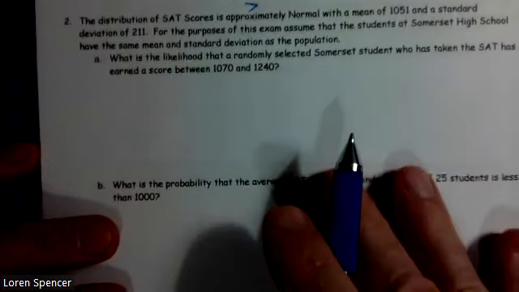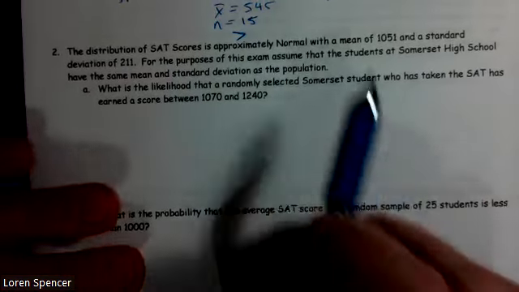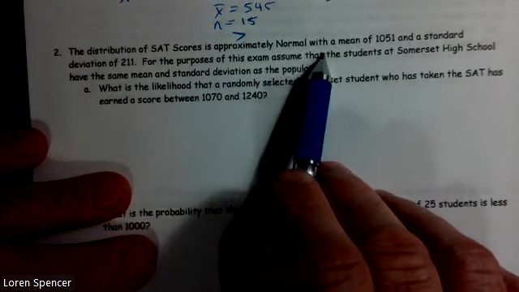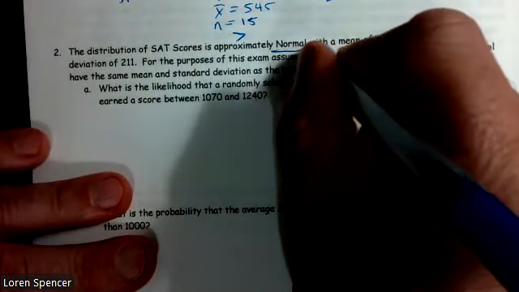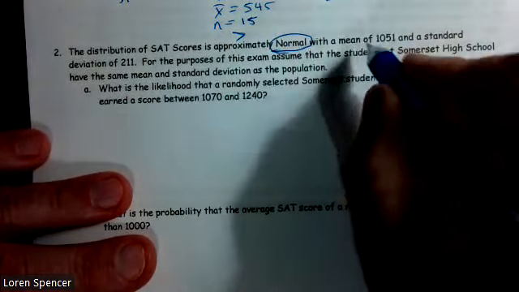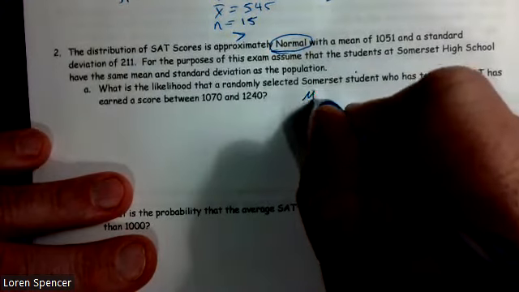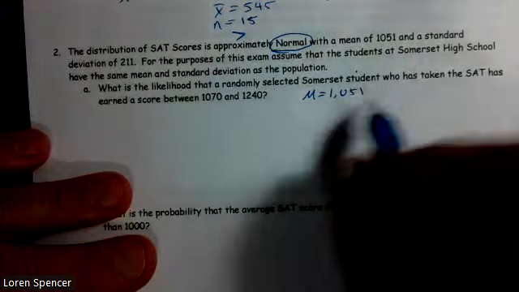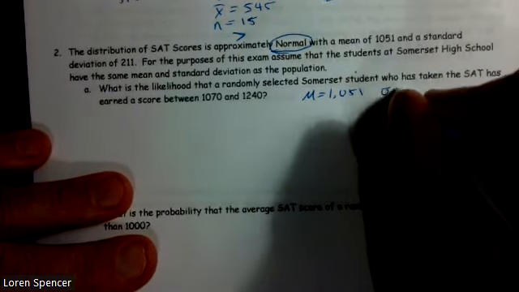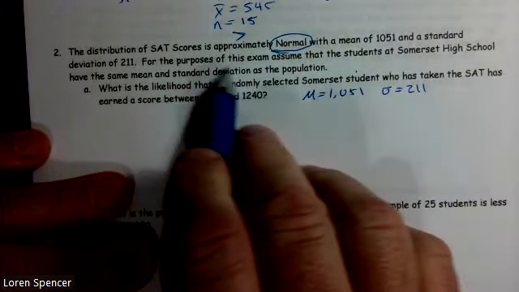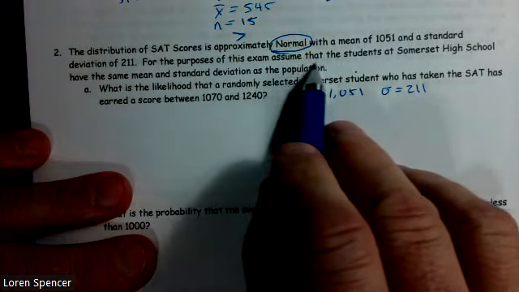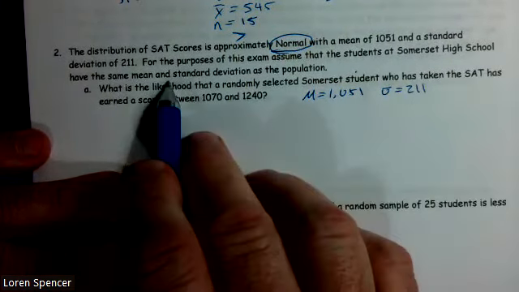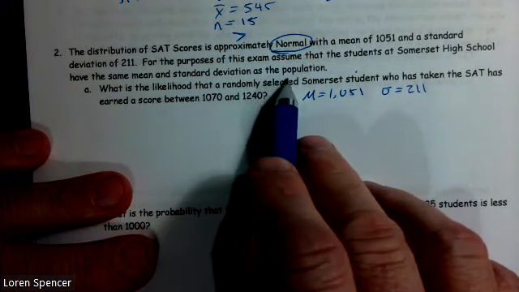The distribution of SAT scores is approximately normal. So they're telling us we have a normal distribution with a mean of 1051 and a standard deviation of 211. For the purpose of this exam, assume that the students at Somerset High School have the same mean and standard deviation as the population.